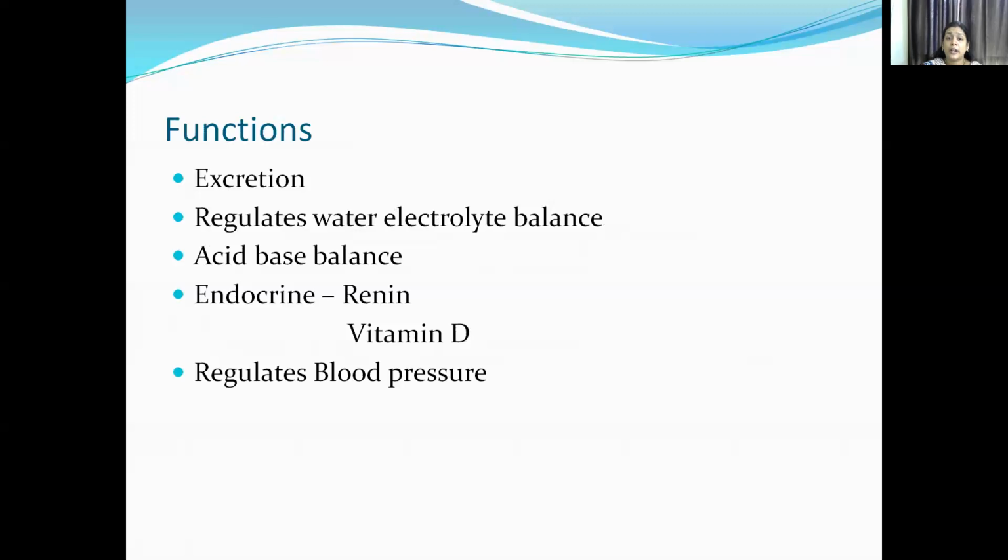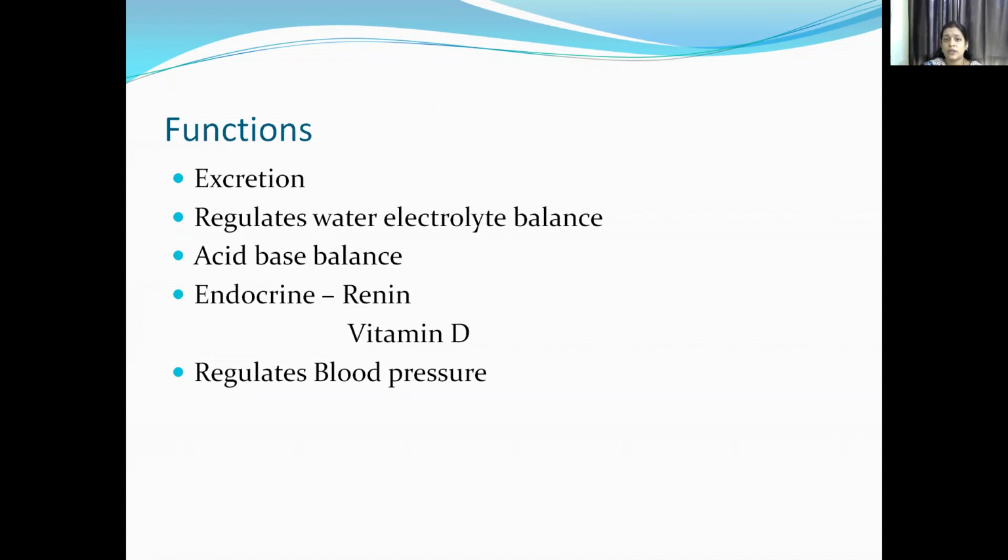Then sodium and chloride act as co-transporters in the distal convoluted tubule, and then we also spoke about the hydrogen bicarbonate exchange, the hydrogen sodium exchange in the proximal convoluted tubule, so that 80% of bicarbonate gets absorbed. That's how it regulates water and electrolyte balance.